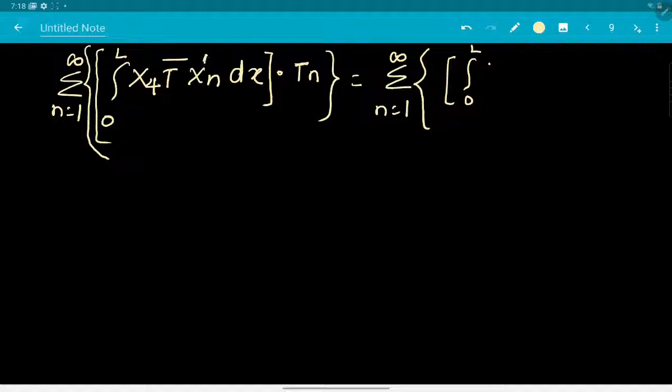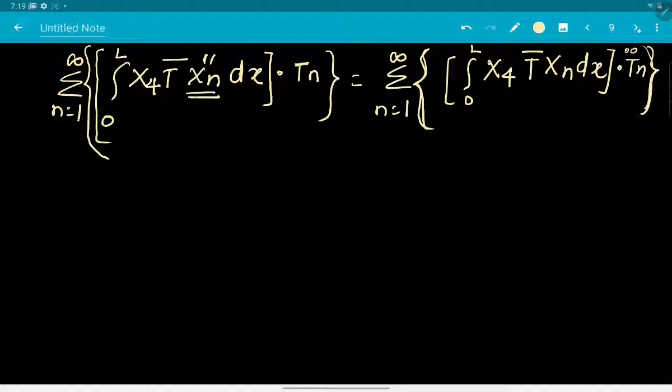Here you have the second derivative of this X. Here you are having X4 T bar Xn dx times the second derivative of Tn, and then this big bracket which is inside this summation term gets completed. That is equal to integration from 0 to L X4 f of x,t dx.